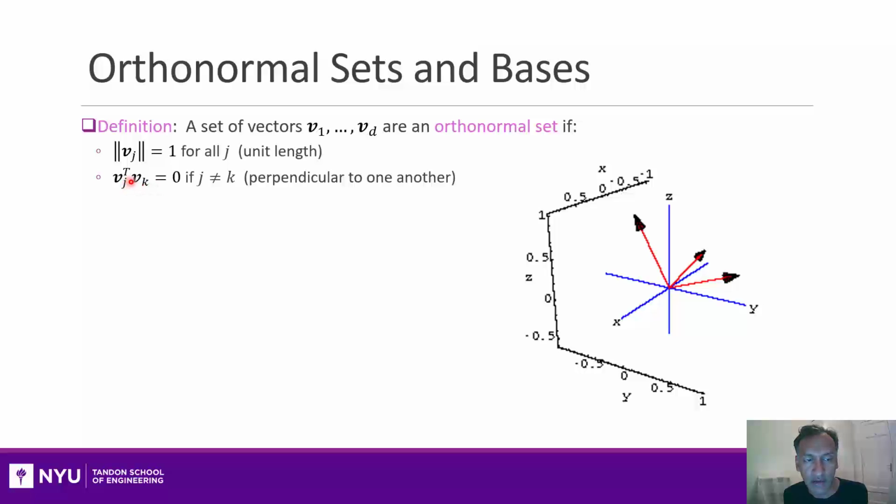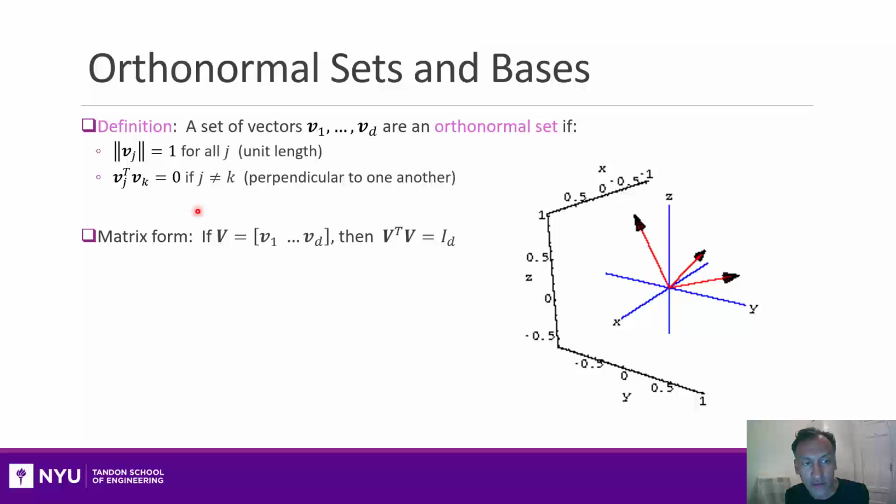So that means if I take their inner product, it is 0. So that's the mathematical or algebraic definition. But in regular geometry, say in three-dimensional space, if I took these three red vectors, they would be orthonormal if their length is 1 and they're all at 90 degrees with respect to one another.